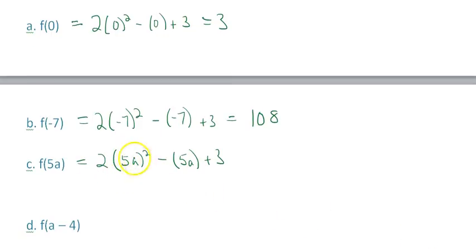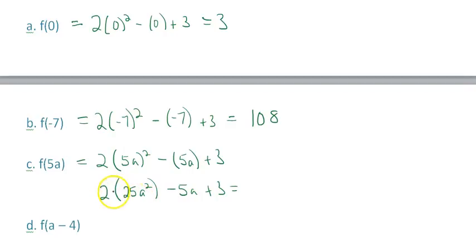So again, I want to start with that parentheses and exponent, which comes before multiplication. So I need to just hold on to the 2 because I'm going to have to multiply it after that. This squares the 5 and the a, so I get 25a squared. Then again, I'm going to think of that as minus 5a plus 3.